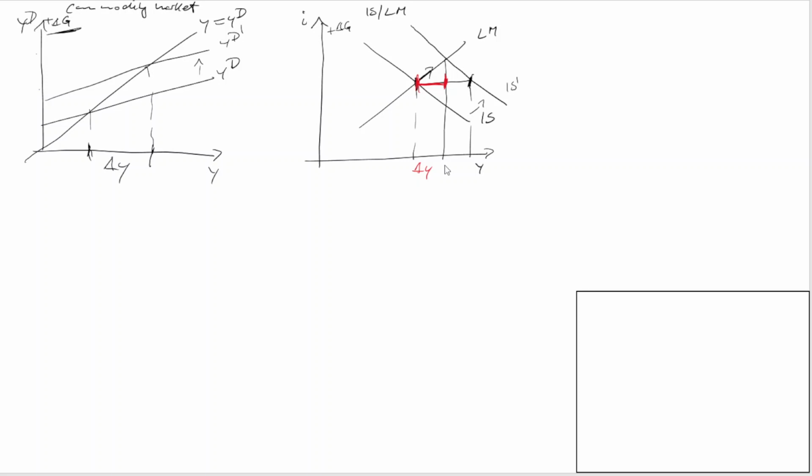So increase of I dampens the impulse on Y. Dampens the impulse on Y.